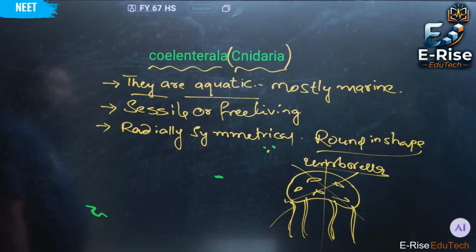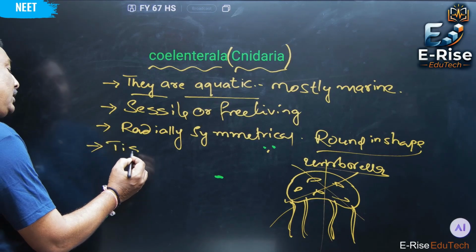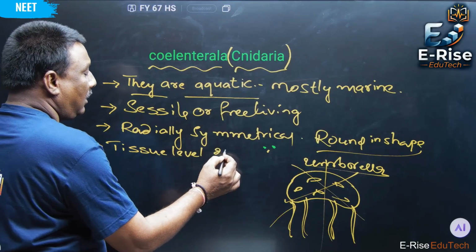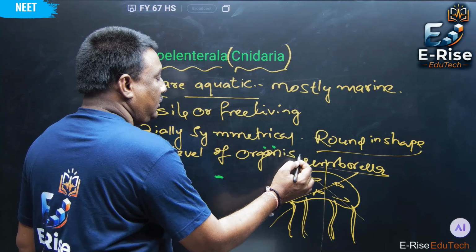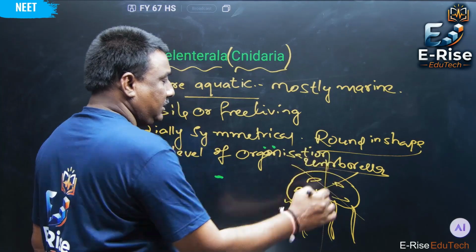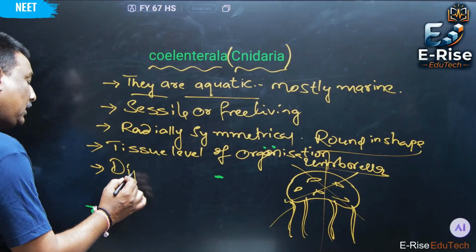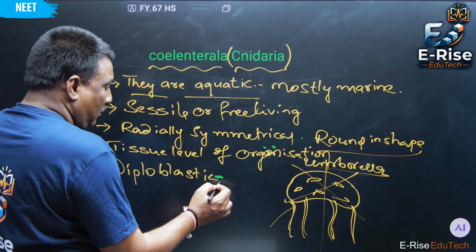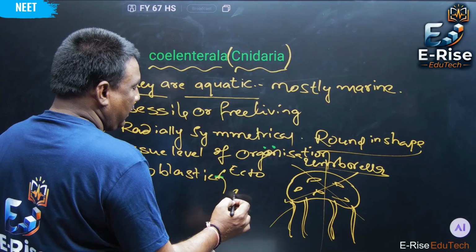Right? Then they belong to the tissue level of organization, and they are diploblastic. What is diploblastic organization? Two germinal layers are present, ectoderm and endoderm.